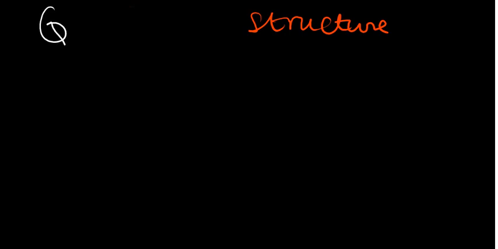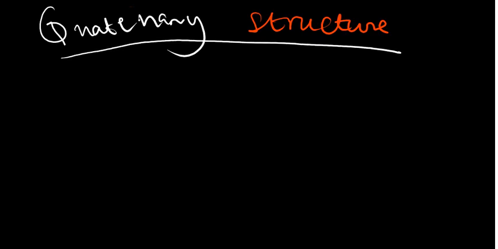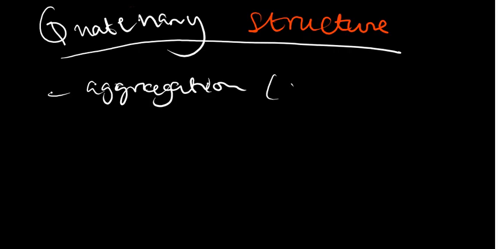So we have what we call the quaternary structure. In this structure, it is the aggregation. When something aggregates, it means they come together. So aggregation means coming together.